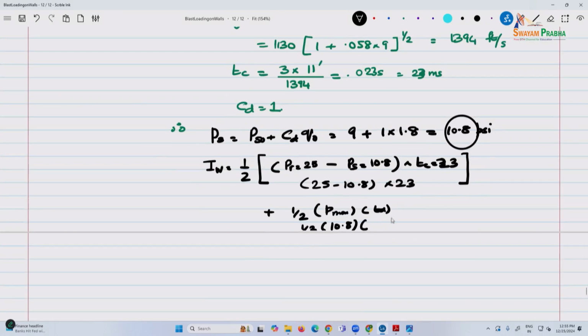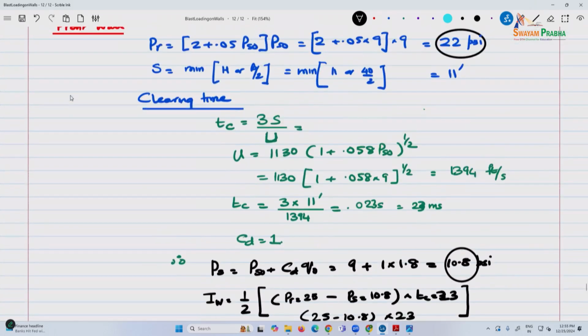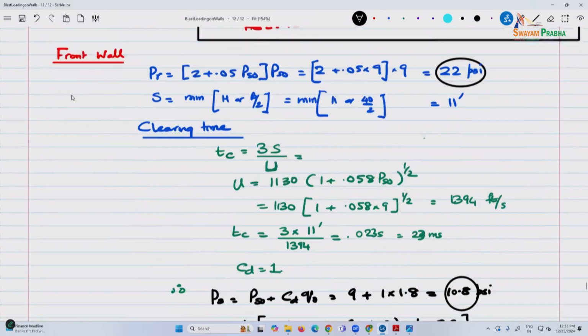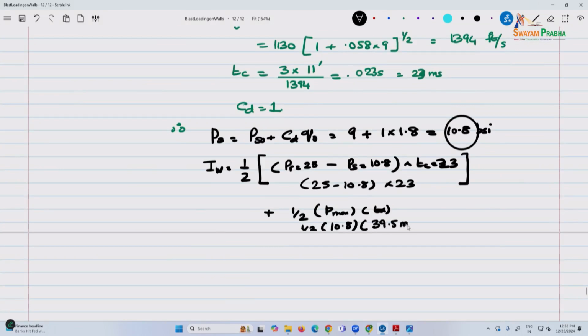So 10.8 multiplied by TD was 39.5. You can put these numbers separately and add them up. How much?